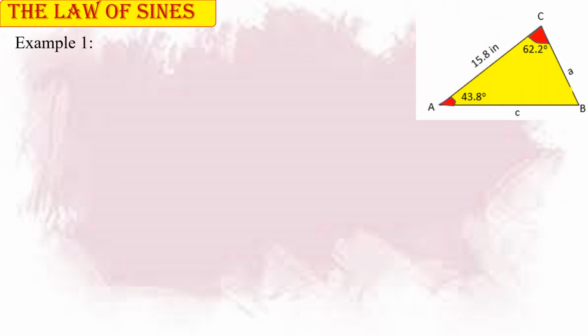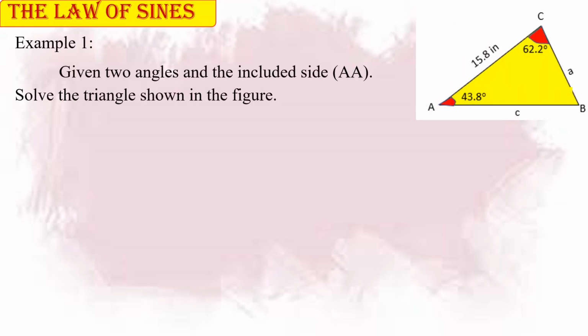Let's now proceed to the first example. So, we have here the given two angles and the included side, ASA. Solve the triangle shown in the figure. As you can see, meron tayong isang unknown na angle and then meron tayong dalawang sides na unknown.